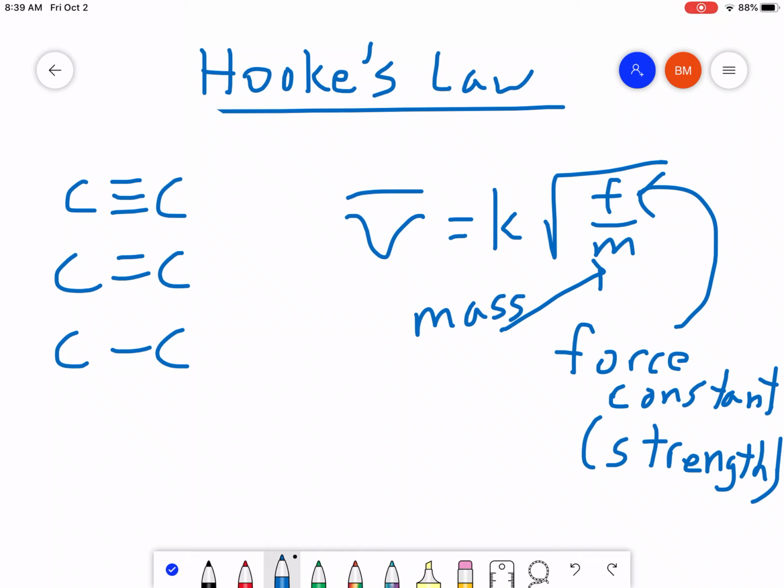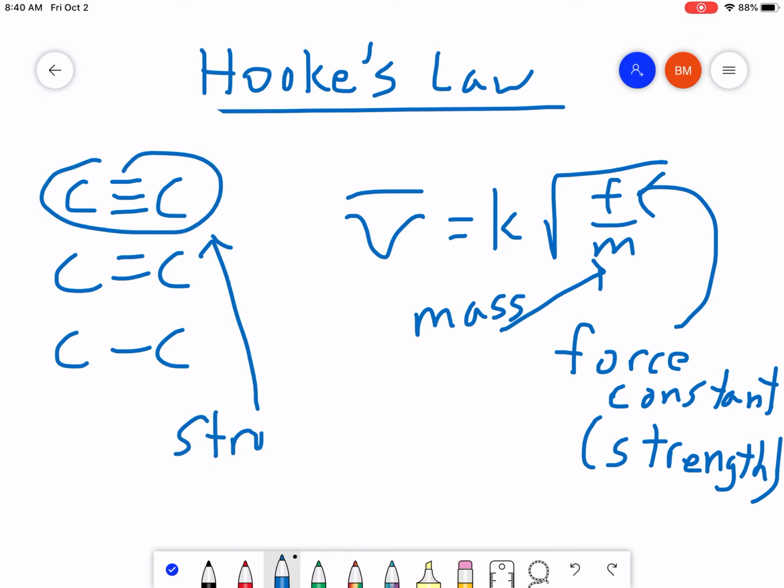So ask yourself, out of all these three, which one's the strongest bond? Single, double, or triple? It should be this one. That's the strongest bond, and the shortest bond, right? Very, very similar to a tightly coiled spring.